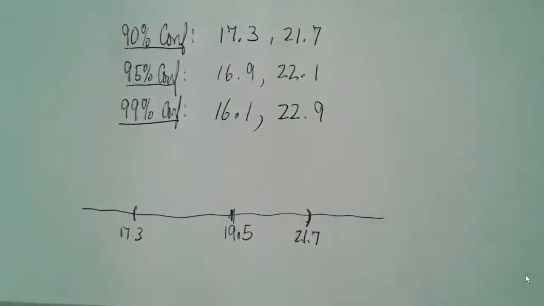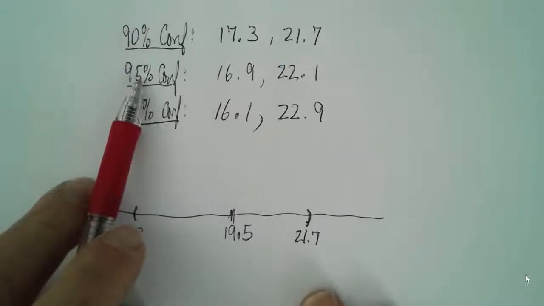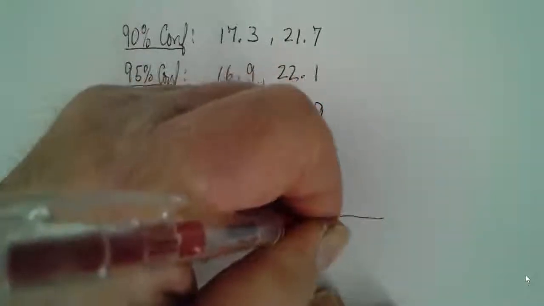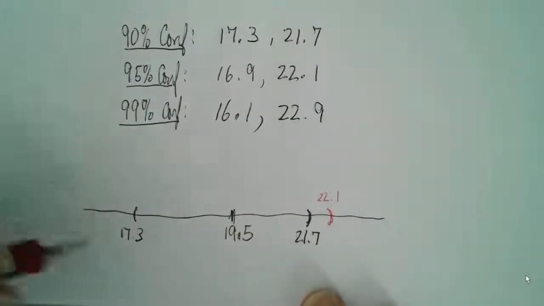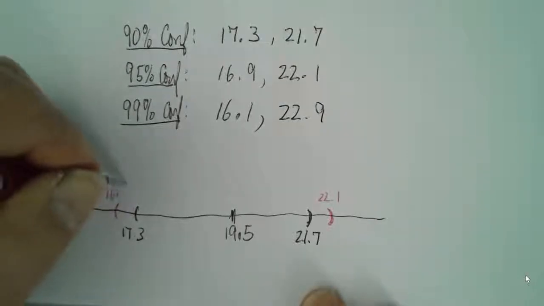Then, if we want to bump that up to 95% confidence, so we're more confident, this goes up to 22.1. That's out a little further, right? 22.1 and down to 16.9. That's back a little further.